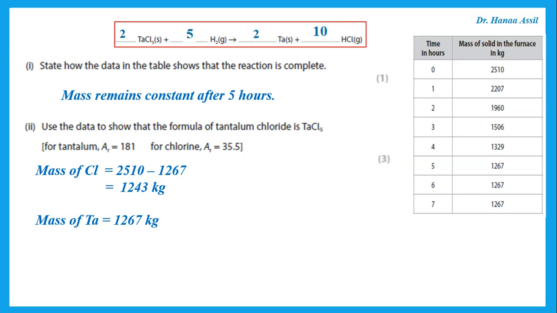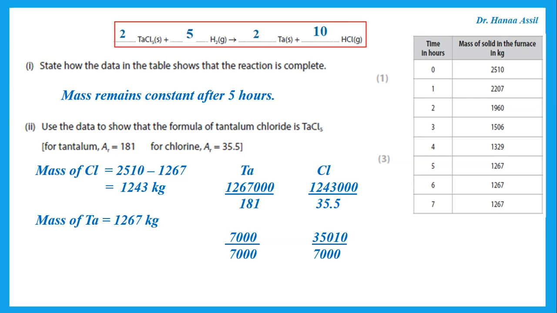So we use that, and please remember these are in kilograms and we never work with kilograms, we work with grams. So multiply by 1000, this is the mass of tantalum, the mass of chlorine, divide by the mass number of each one, the numbers that come out, divide by the smallest. This is a ratio of 1 to 5, and that is why the formula is TaCl5.